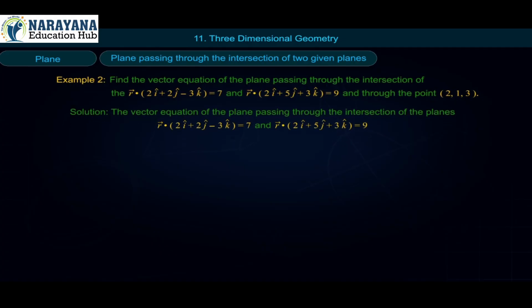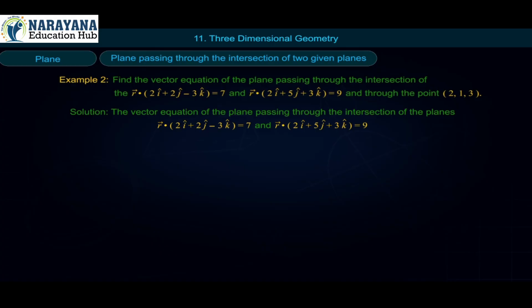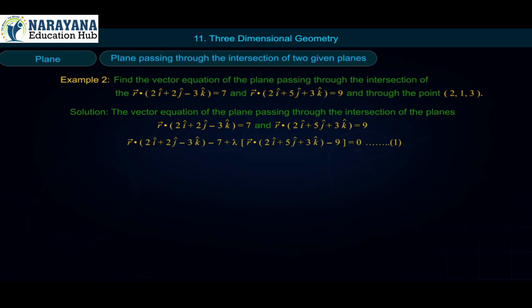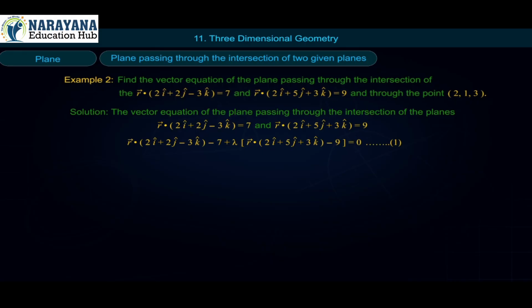The vector equation of the plane passing through the intersection of the planes vector r · (2i cap + 2j cap - 3k cap) = 7 and vector r · (2i cap + 5j cap + 3k cap) = 9 is vector r · (2i cap + 2j cap - 3k cap) - 7 + lambda (vector r · (2i cap + 5j cap + 3k cap) - 9) = 0.